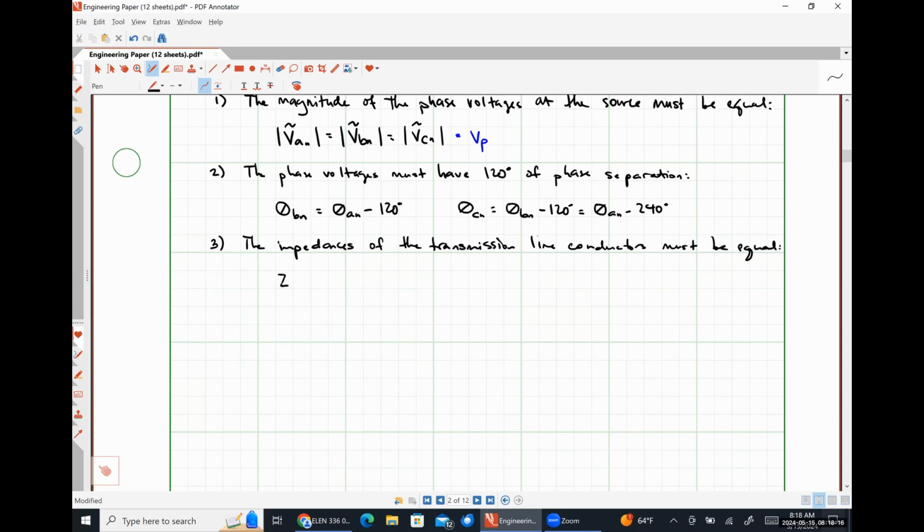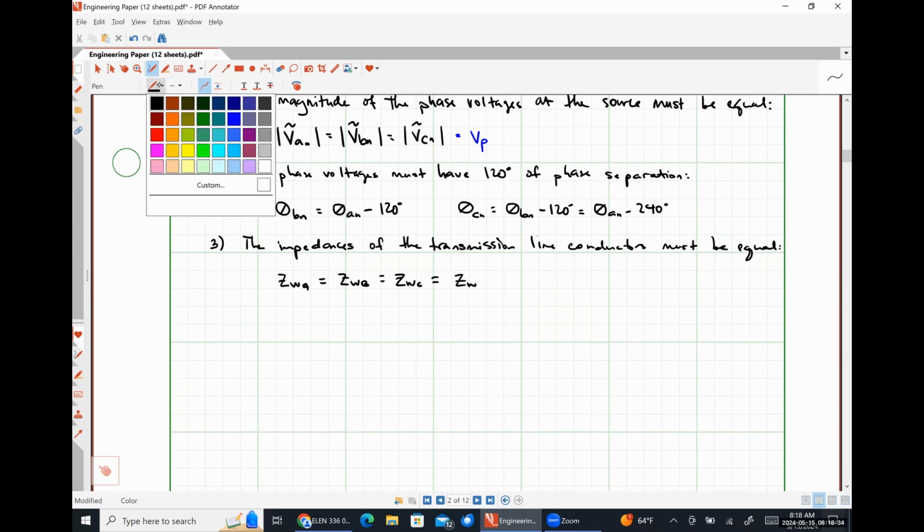So that means specifically the impedance ZWA must be equal to the impedance ZWB, must be equal to the impedance ZWC, and we will commonly refer to this as just an impedance ZW.